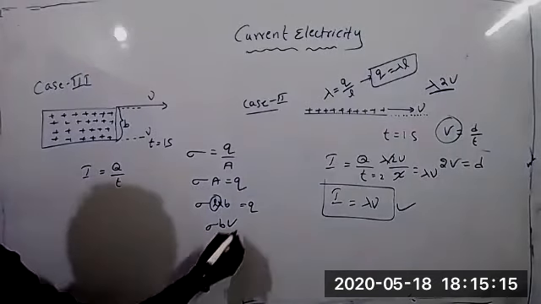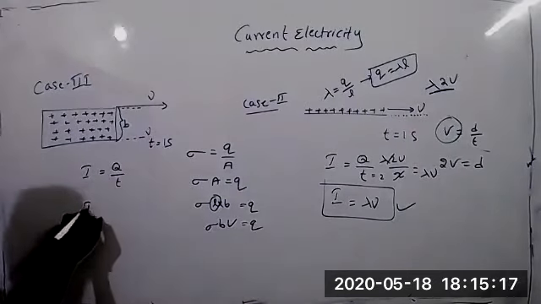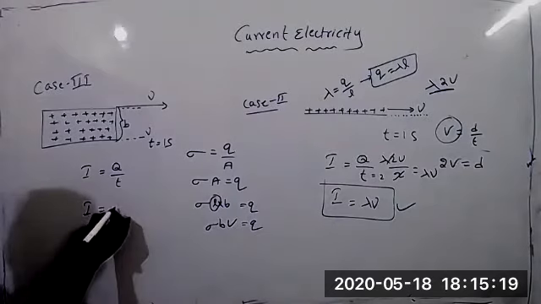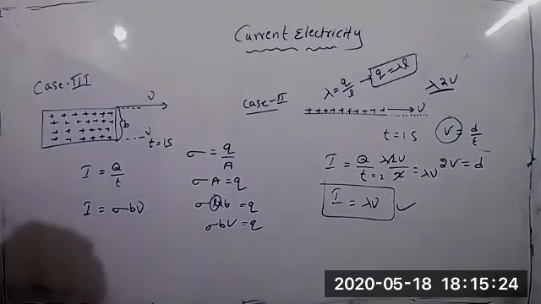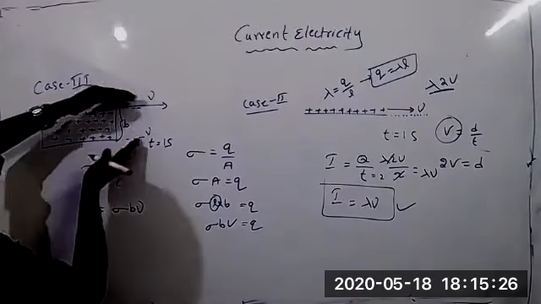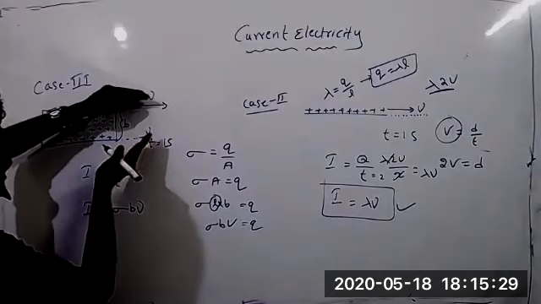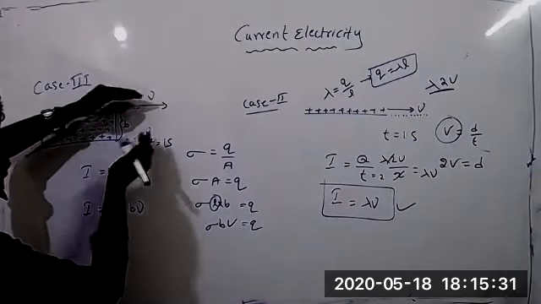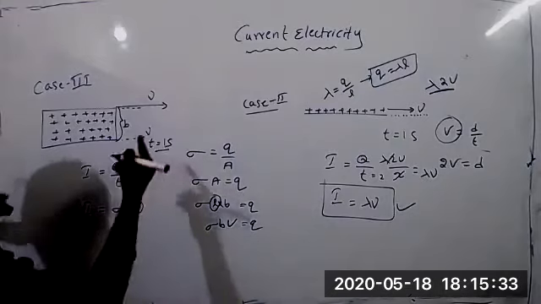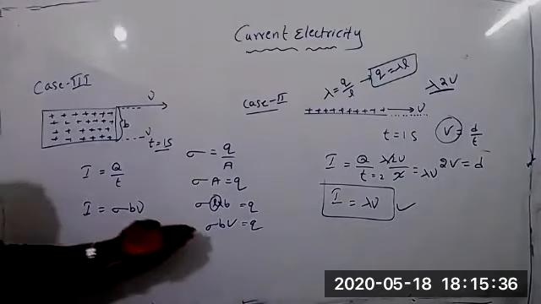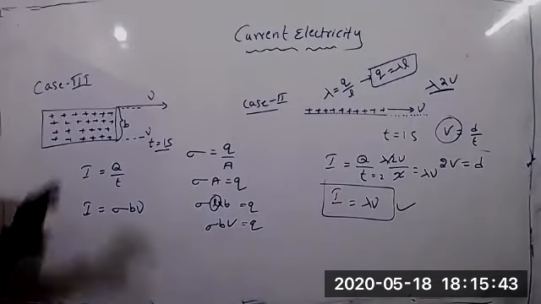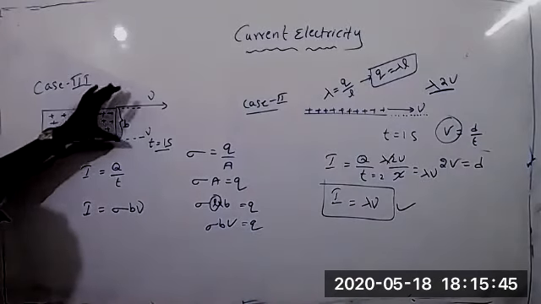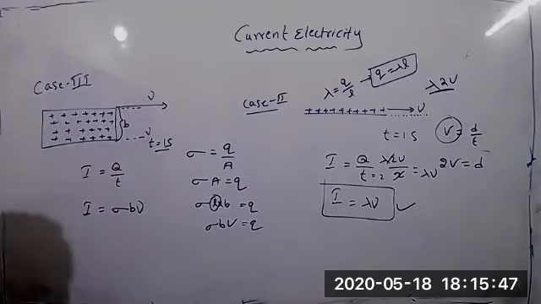V. That is equal to Q. Now T equals 1 second, so in place of length we put V, because the velocity itself becomes the length, that is, the distance. These charges will flow from here to here in 1 second.